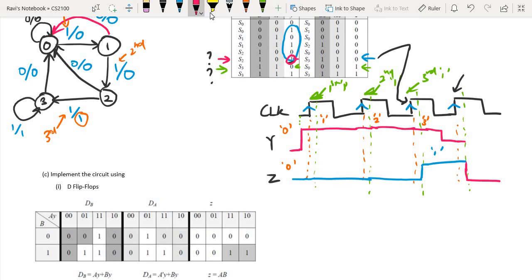That is why, for this doubt over here, even though my input changes, I have to wait for the clock. At this point of time, I'm still in state 2, so I have to wait for the clock before I go to a new state or change the output. Same thing over here in state 3. The input can change while I'm in state 3, but the output is supposed to be a 1.